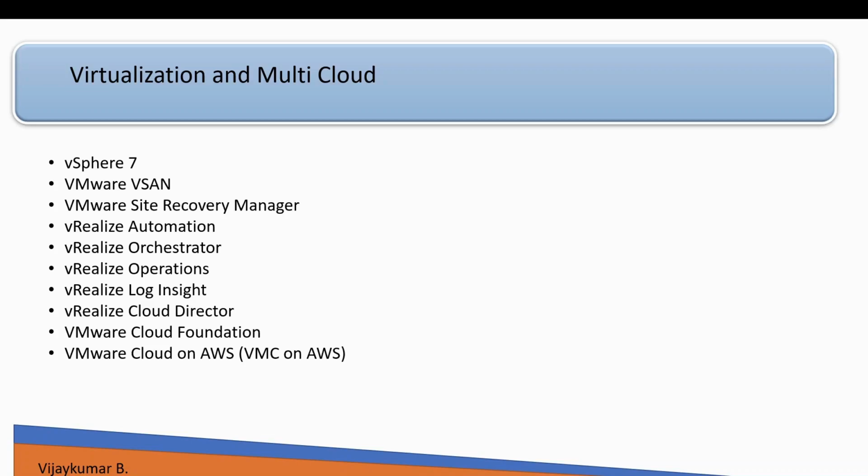That's the reason VMware has come up with a solution so they can run their cloud solution also on the public cloud like AWS, Azure, and Google Cloud. So with VMware Cloud on AWS, your entire infrastructure will be built on AWS.